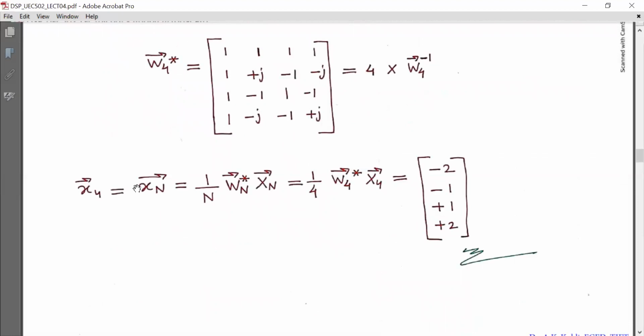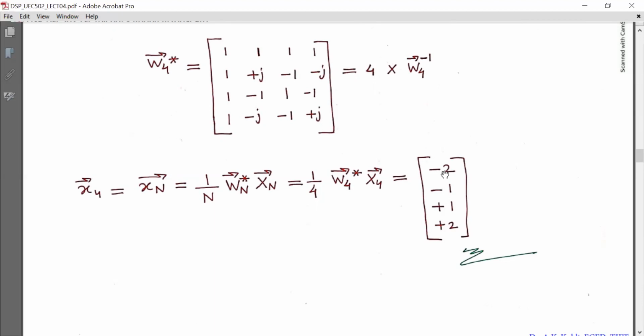On solution, small x vector is equal to 1 by N conjugate of matrix W into capital X vector. Here 1 by N plays an important role, and it is 1 by 4 into conjugate of capital W matrix into capital X vector, and by matrix multiplication, I can get a 4 cross 1 vector at output with first element as -2, second -1, third +1, and fourth +2.